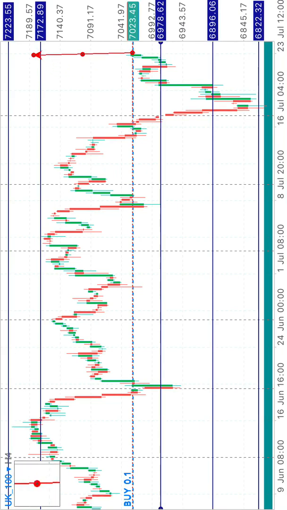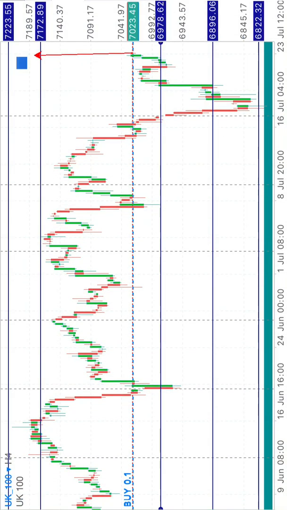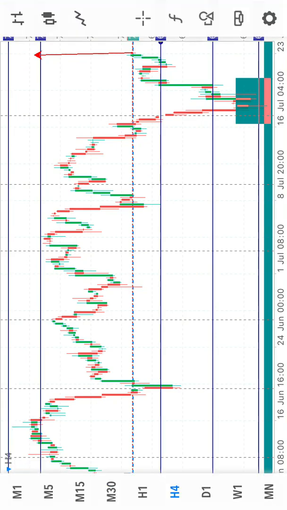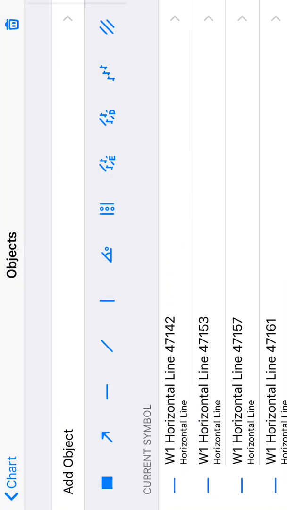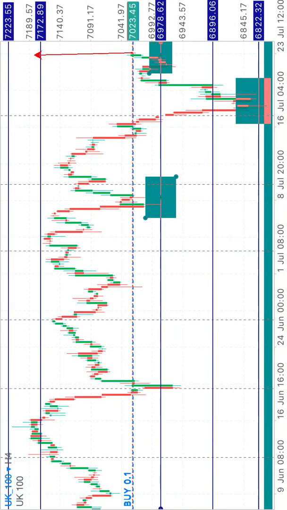Then on a 4-hour time frame, I'm expecting prices to rise up until 7174, because if you can check here, we have the head, we have this shoulder, and we also have this shoulder again. So now I'm expecting prices to rise up until 7172, which is the neckline of that inverted head and shoulder.